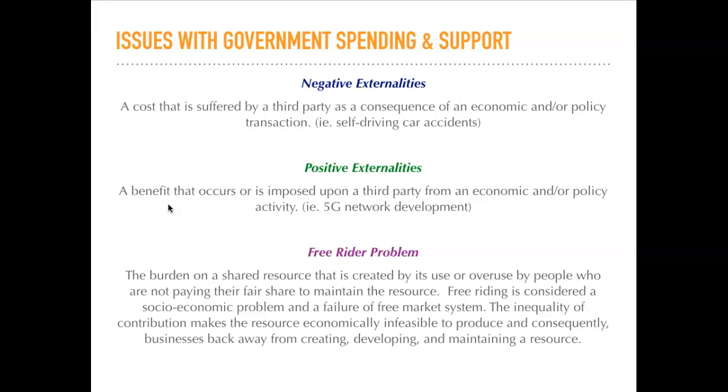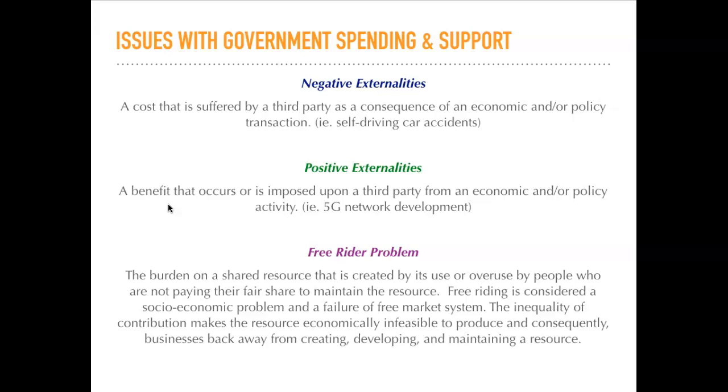So an example of this is the government spending to support telecommunications companies who are putting in the frameworks for 5G network development, which will be the next generation of our telecom system networks, not only in Canada, but in most countries around the world.